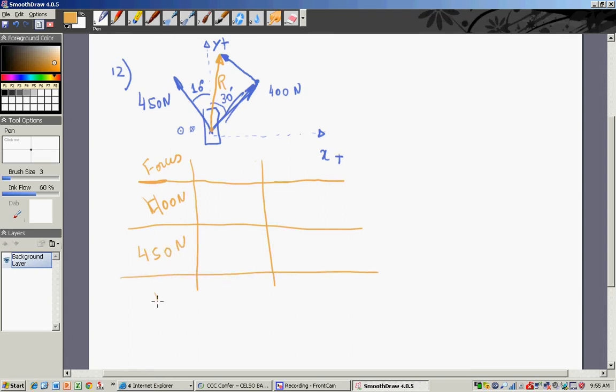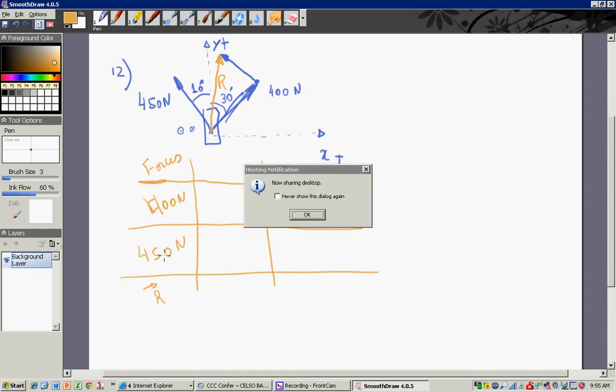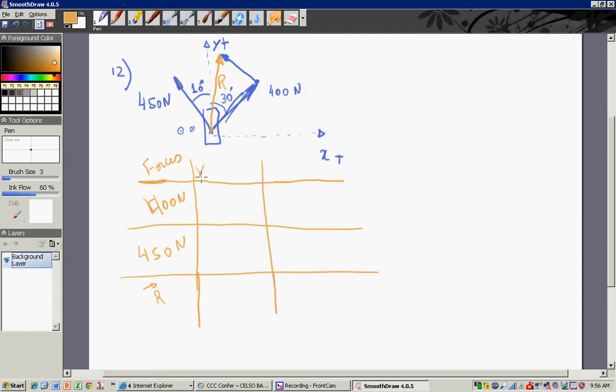So I have a 400 Newton and I have a 450 Newtons. And here's my resultant. The resultant is not just 400 plus 450, 850 is not. Because it requires that you sum the projections, right?